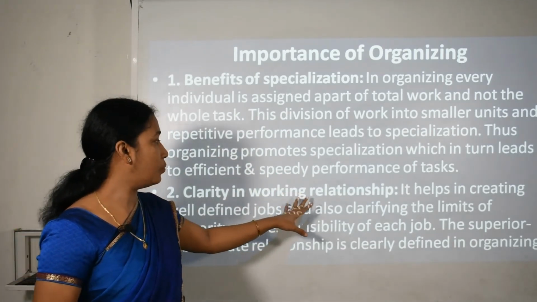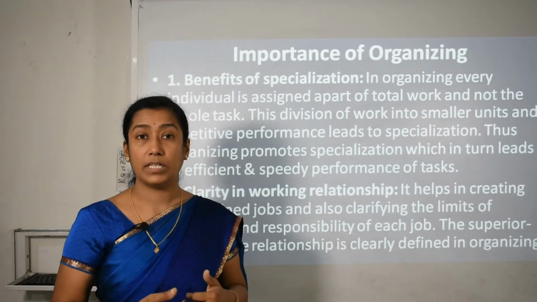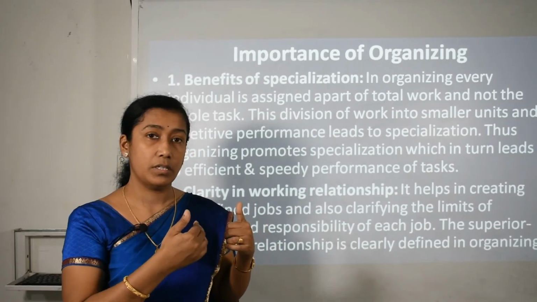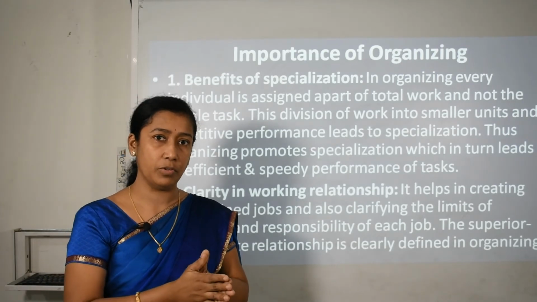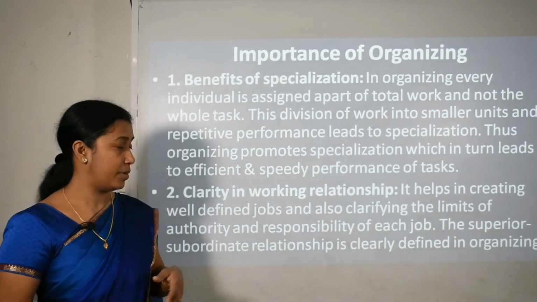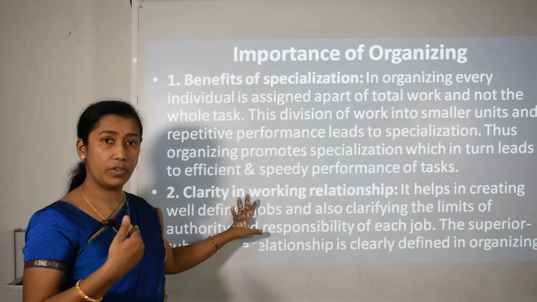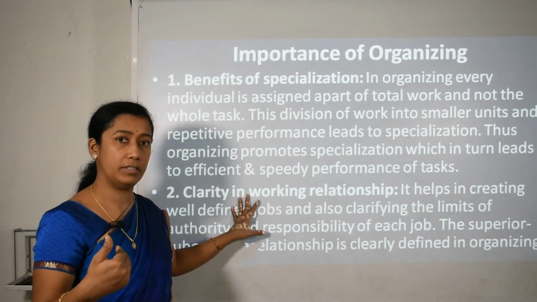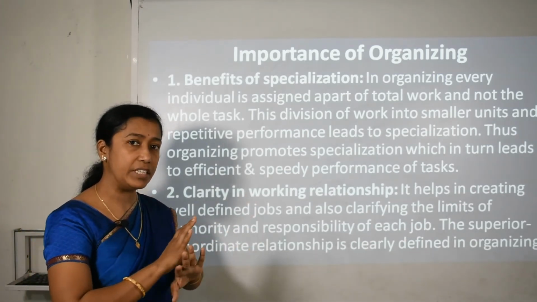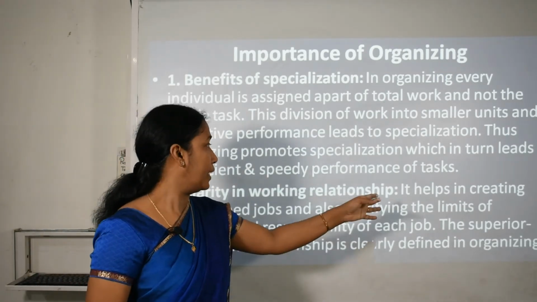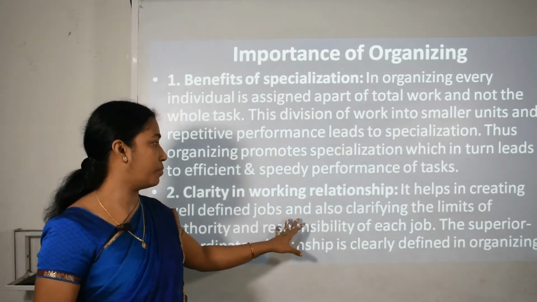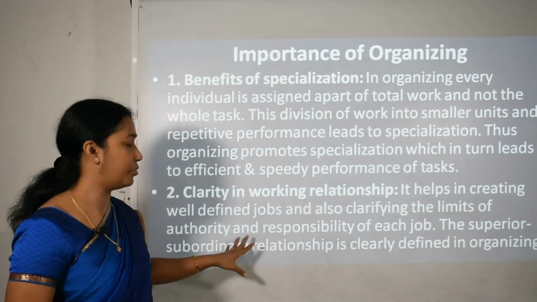Second is clarity in working relationship. As I discussed, there must be a certain superior subordinate relationship which must be confirmed, that is, the reporting relationship. If the working relationship between superior and subordinate is very clear, it will not lead to any confusion or chaos. It helps in creating well-defined jobs and also clarifying the limits of authority and responsibility.